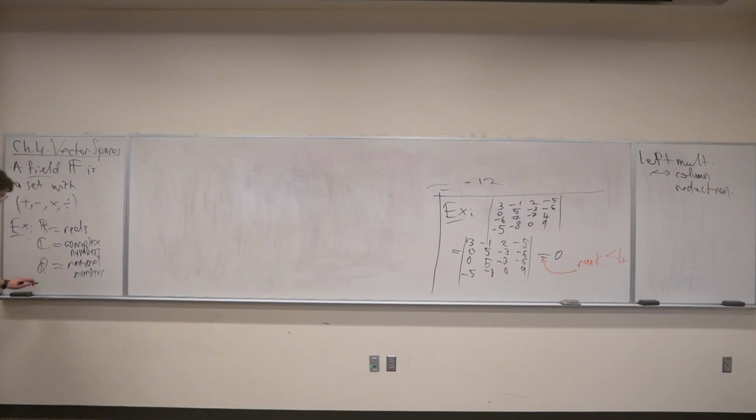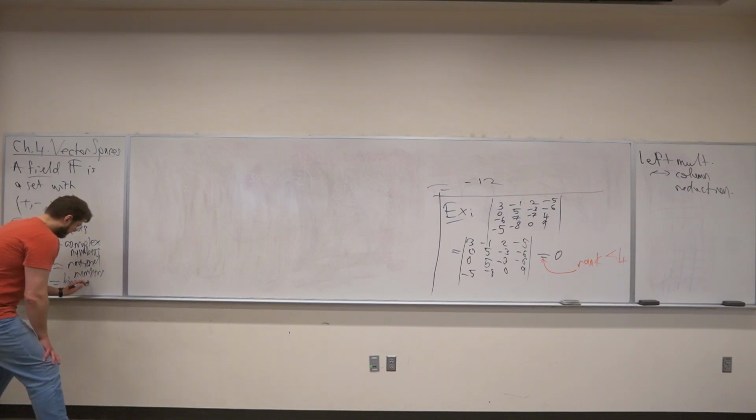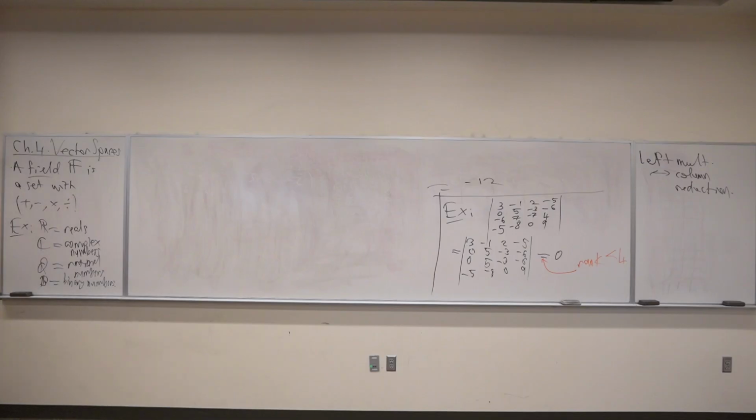Here's a nice, interesting example. B, binary numbers. Well, just to give you an idea, numbers like pi are in the field of reals. It is not rational.